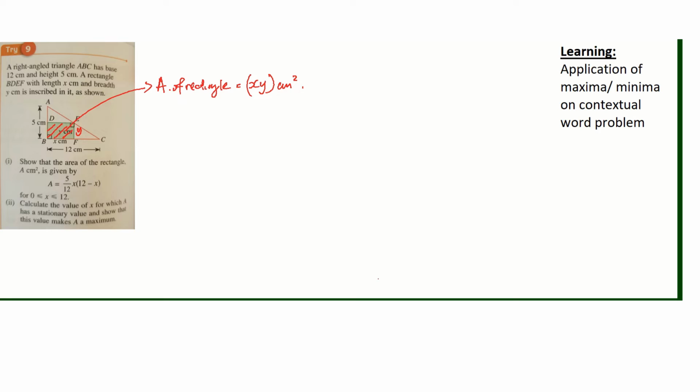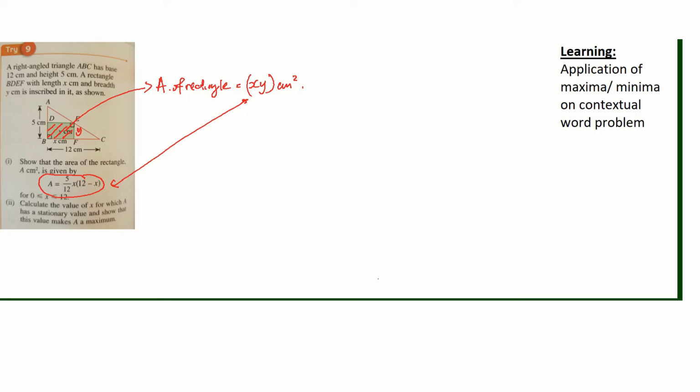But what does the question want us to show? The question wants us to show that the area of the rectangle is 5 over 12 x times (12 minus x). Hey, wait a minute. If we compare these two, they don't quite look the same, do they? In fact, if you are observant enough, you realize that the variable y has disappeared. So what does that mean?